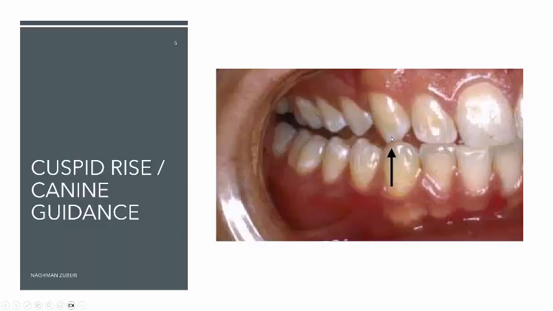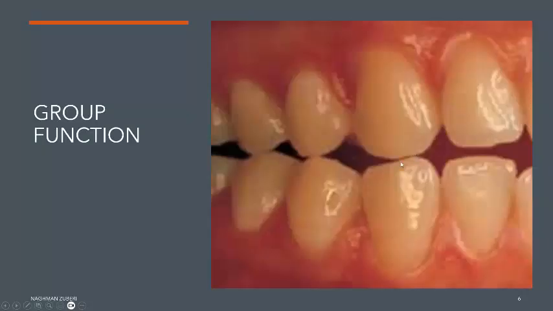In canine guidance or cuspid rise, only the canines are in contact, and the rest of the dentition is going to be out of occlusion. In group function, which is another way of normal dentition, from the canine all the way up to the posterior teeth on one side, that is the working side, teeth will be in contact, and on the other side, which is the non-working side, teeth will be out of contact, as well as anterior teeth will be out of contact.